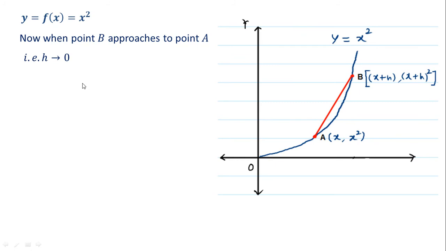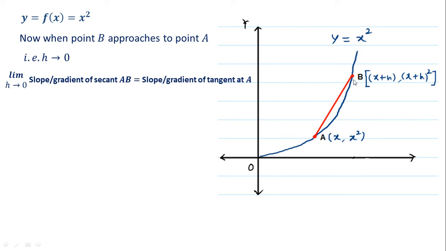That means we can say that when h tends to 0, then limit h tends to 0, slope or gradient of secant AB becomes the slope or gradient of the tangent at A, which means that secant AB becomes the tangent at point A.